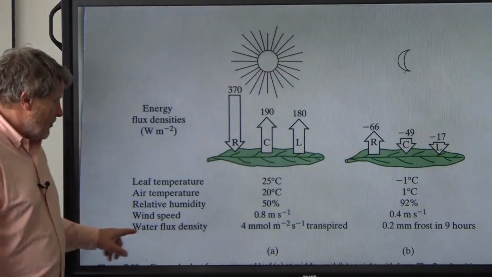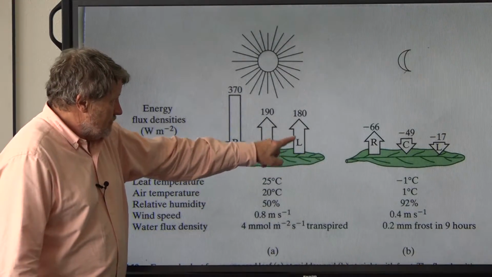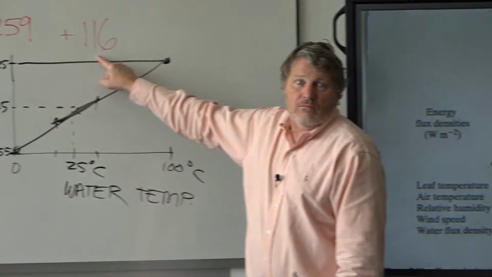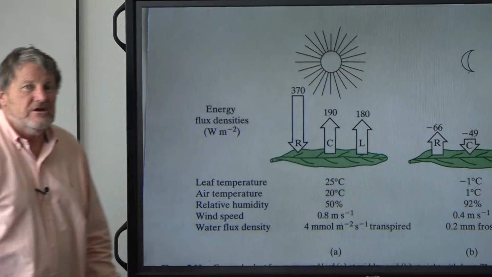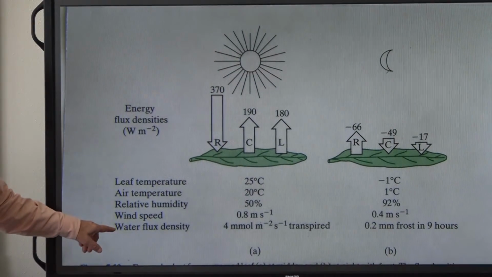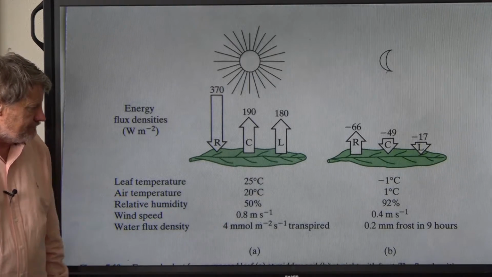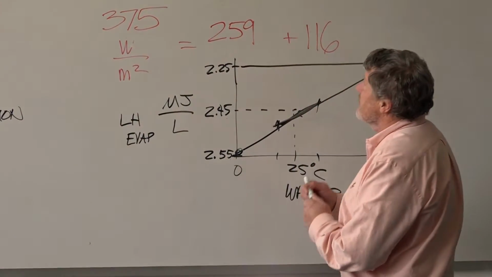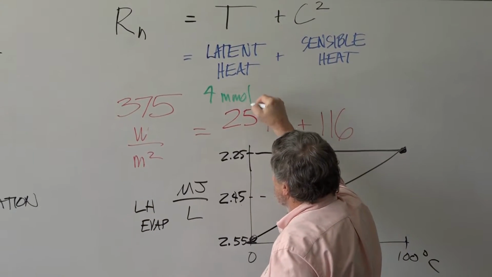So in this example, the leaf is 5 degrees above the air. So this is 180. And we did 116 because the wind wasn't blowing very much. So 190 for transpiration for the leaf. We can put in water flux density, 4 millimoles. I don't know if I want to take the time to work that out, but 4 millimoles of water.